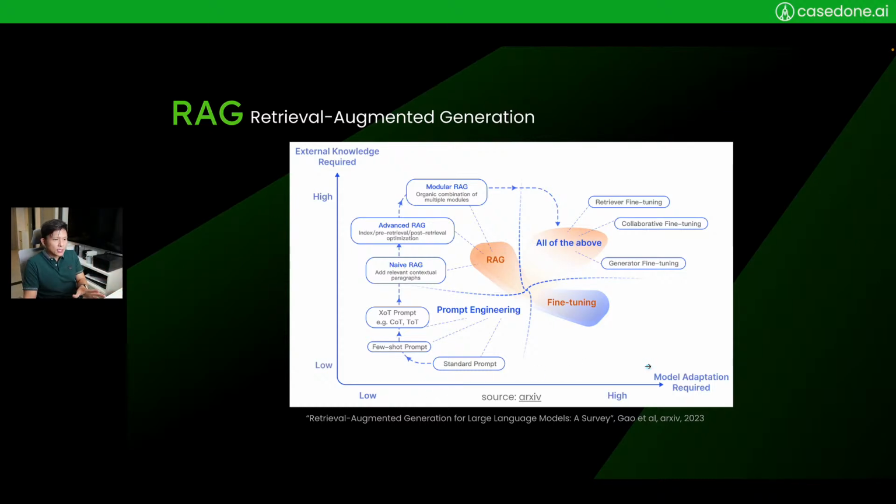But on the right hand side you have a necessity to fine-tune the model. For the y-axis, it's the level of external knowledge that you need to provide to the model. On the low side, you don't need to provide the model anything. On the high side, you need to provide context for the model to work well.